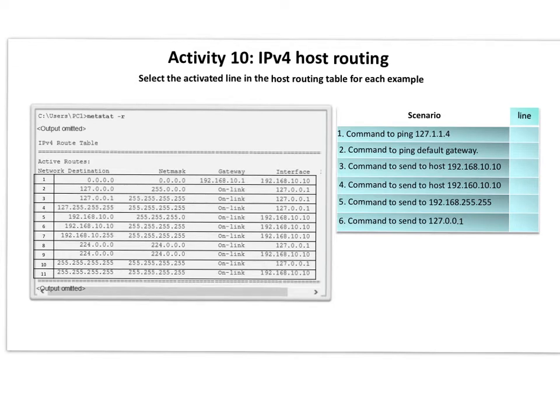So, as we said before, the subnet mask is what we use to figure out whether we are in a specific network, because each network has a specific network address. As we said before, the destination in this routing table is mainly the destination network address, not a specific host address, except in some exceptional cases like here.